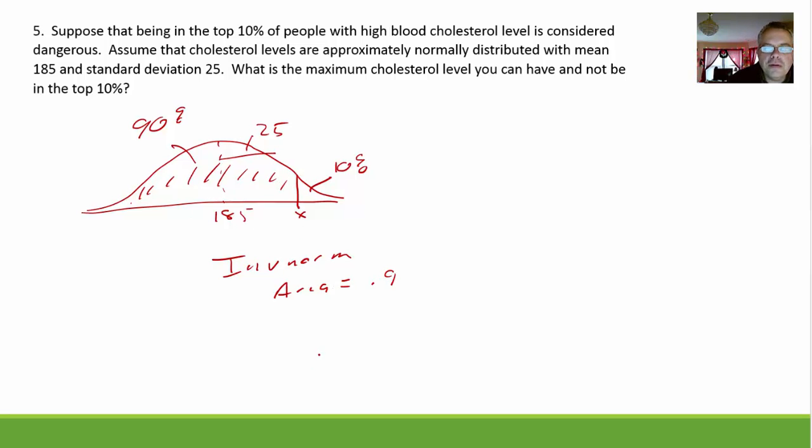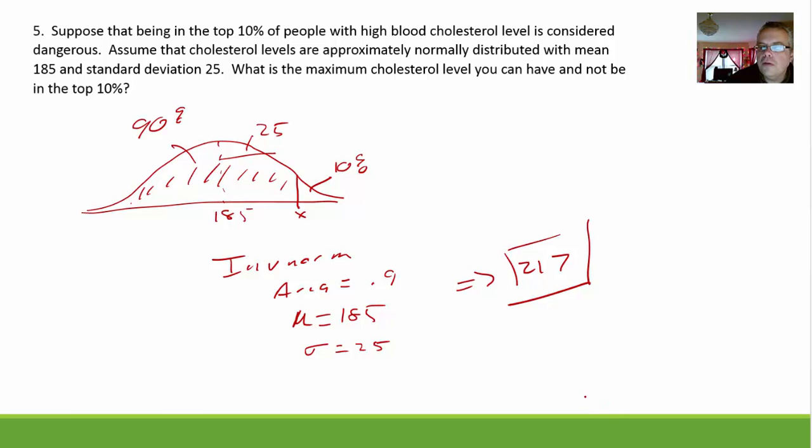So this will give me the value that has 90% to its left. The mean is 185 and the standard deviation is 25. Many people got this one. So if you do that, you get 217. All right, so if your blood pressure or cholesterol level is below 217, you're avoiding that dangerous top 10%.